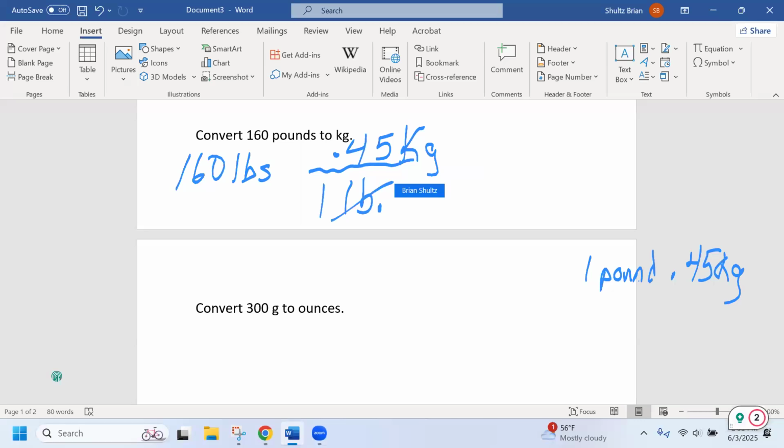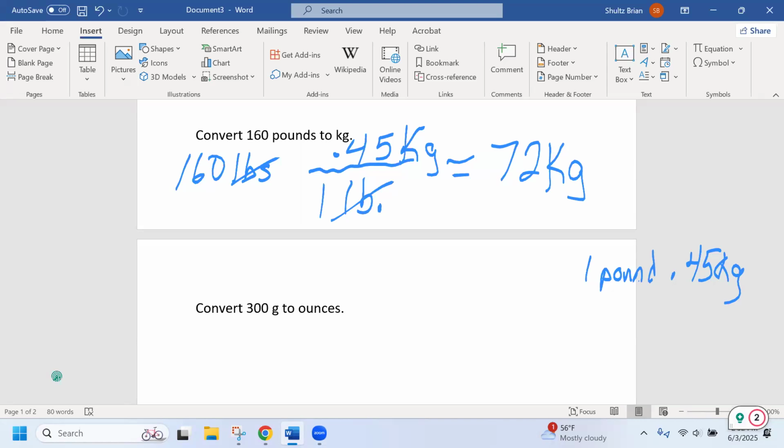The pounds will cancel off. So I have to grab my calculator and change that. 160 times 0.45, enter, is 72 kilograms. Calculator, make sure you're using it.